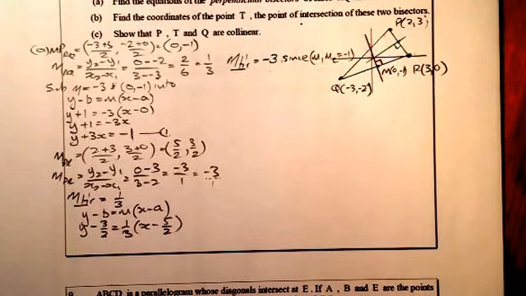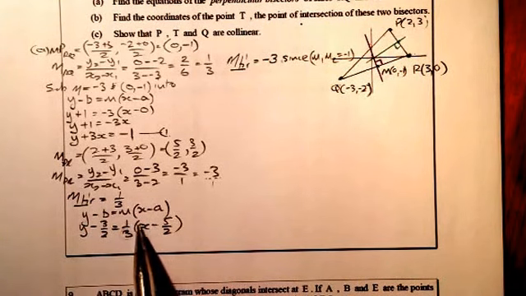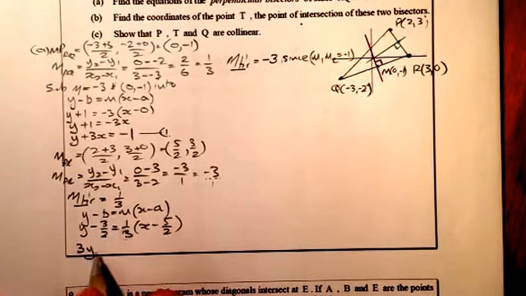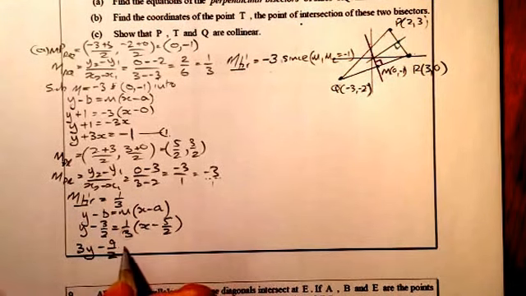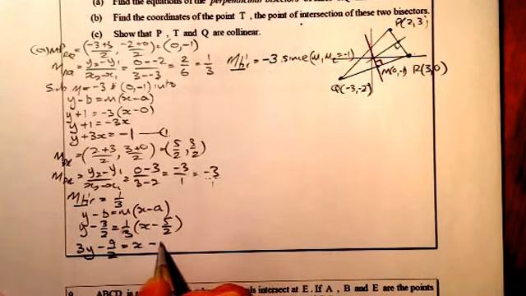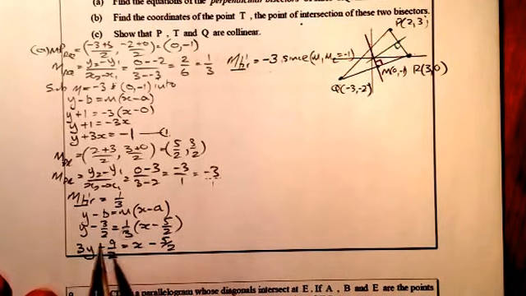Right, so the first thing that I'm going to do is to multiply through by that 3 on the left hand side, multiply by 1 on the right hand side. So what I'm going to get here is 3y minus 9 upon 2 is equal to x minus 5 upon 2. And then when I sort that out, I'll get 3y on this side here.